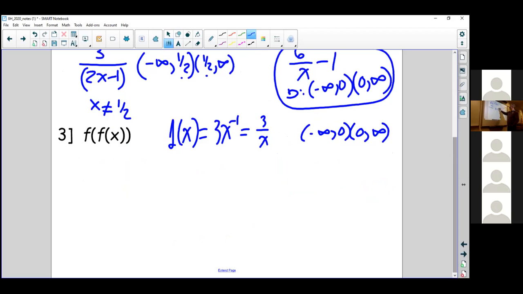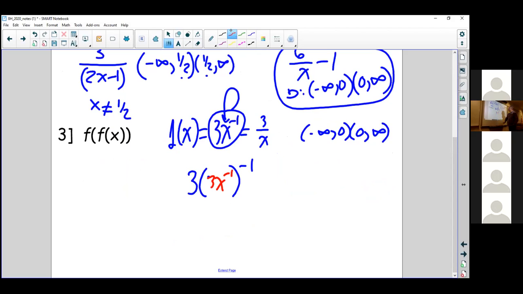Now, if I take this and plug it back in for x, I'm going to get 3, -1, and then I'm going to plug this in. Okay. So keep note, we had this restricted on the original.